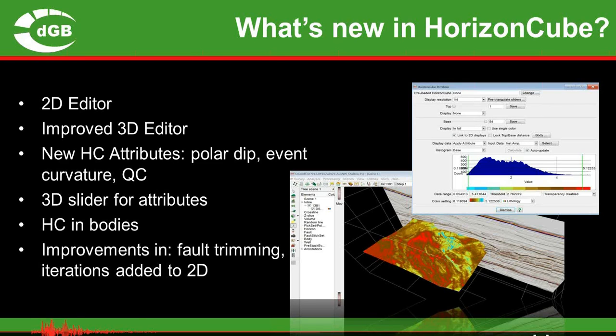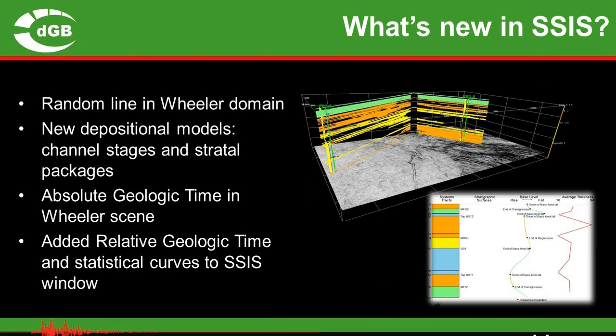In the SIS module, the sequence stratigraphy interpretation module, we can now do Wheeler transforms for random lines. We have added various depositional models like channel stages and stratal packages. We added absolute geologic time to the Wheeler scene, and we also added and improved the sequence strat interpretation window itself by adding relative geologic time and statistical curves.